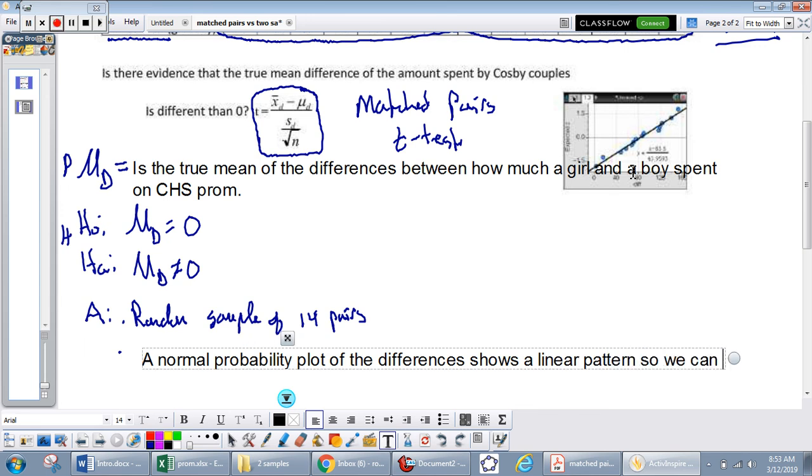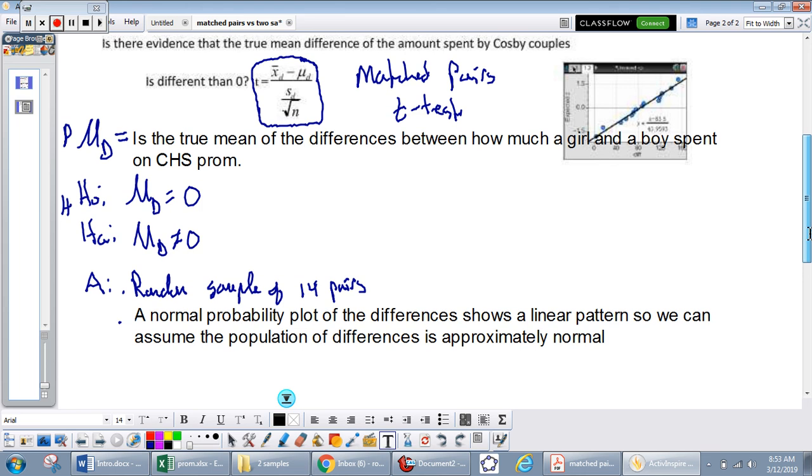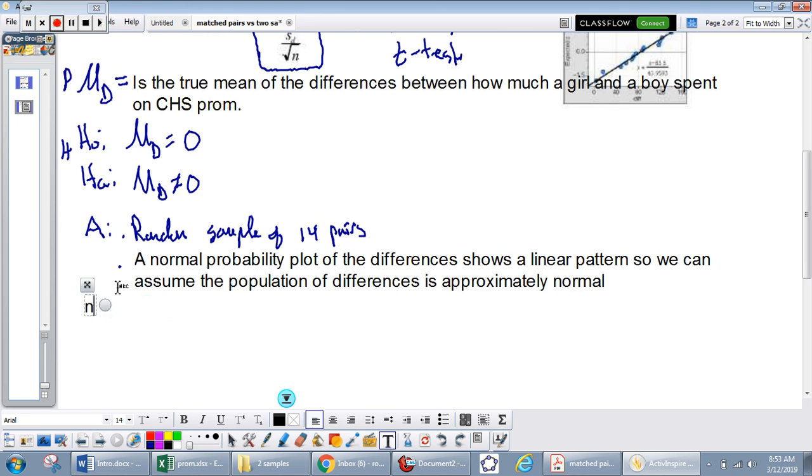So we can assume the population of differences is approximately normal. Alright, so there we go. So we can see that now, instead of having to analyze both of them, we just analyze the differences and we're good to go. Alright, so let's name the test. So this here is our matched pairs t-test.